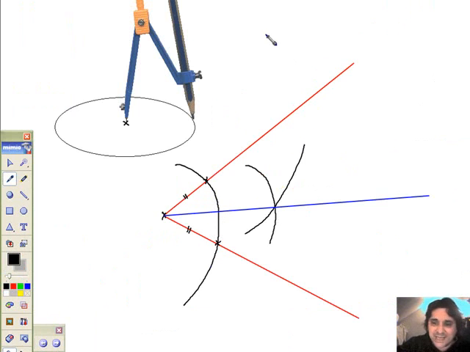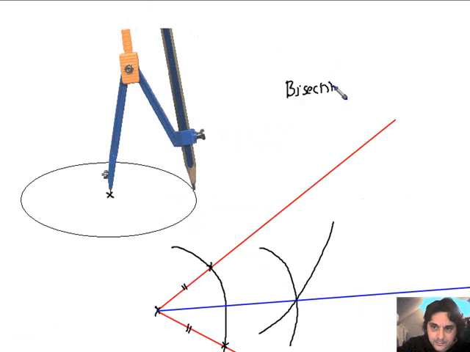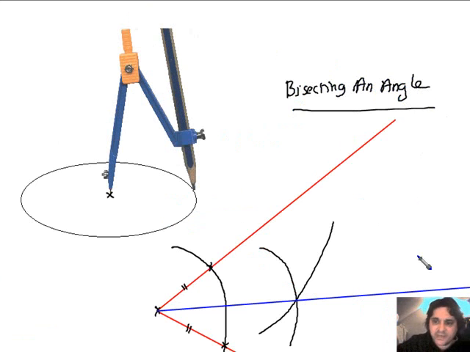So I have just bisected this angle. I've bisected an angle. That's what I've done. And this is called not a perpendicular bisector because it doesn't cut it in 90 degrees. It's just called a bisector. Cutting an angle in half.